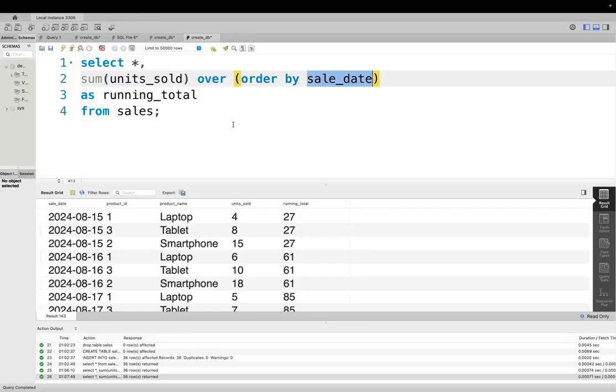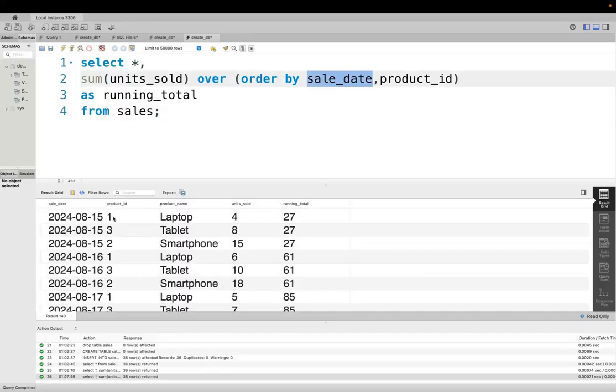If we build a criteria where we order by sale date, comma, and if sale date is matching, then product ID, now we have given a criteria for these three matching rows.